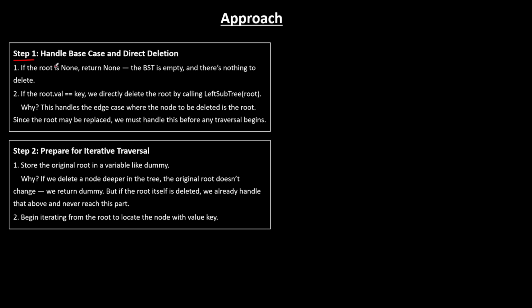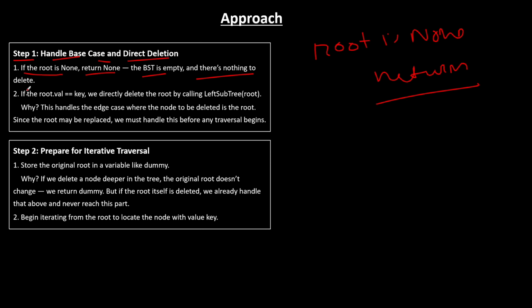Step one, always handle the base case and direct the deletion. What is this? If the root is None itself, we return None, right? The BST is empty, so we don't have to do anything. Basically, if root is None, just return nothing. Or if the root val equals the key. If you recall, I talked about the rightmost function and the left subtree function, correct?